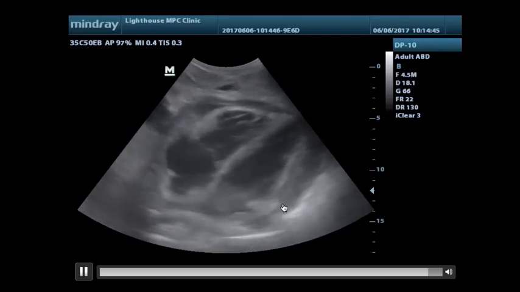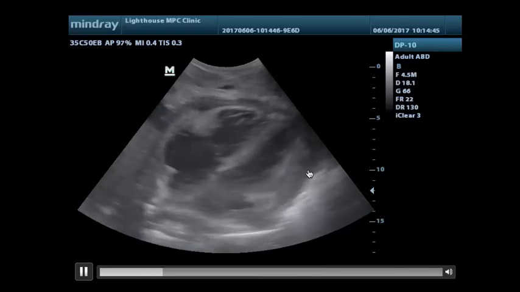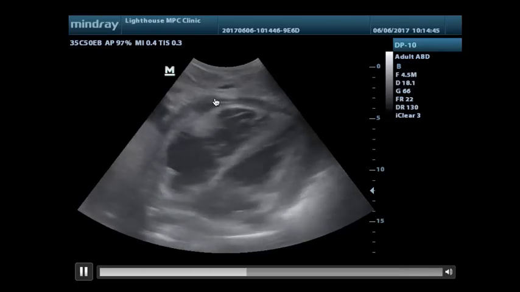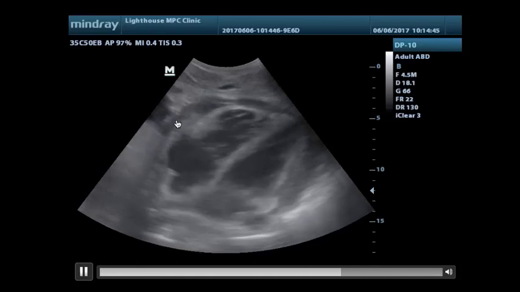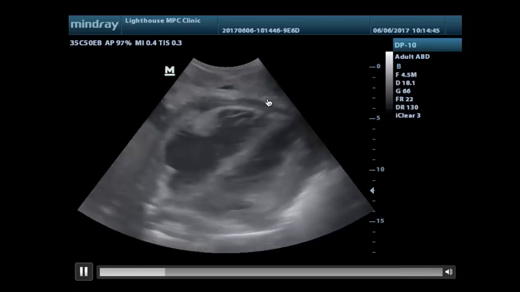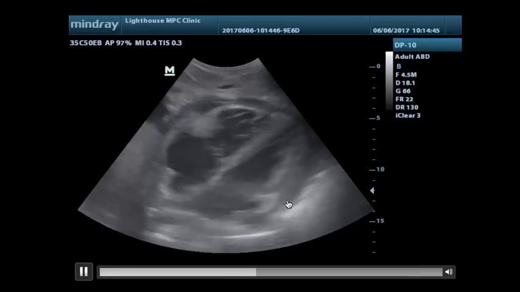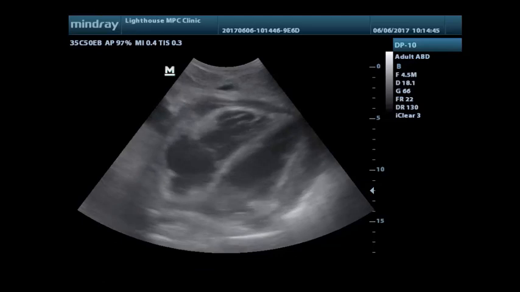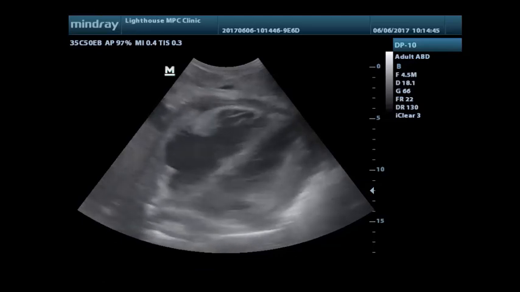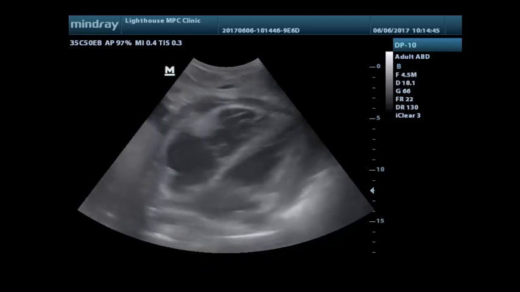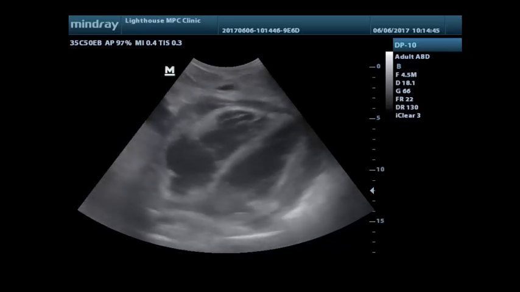But of course, this is not as anechoic as it is in fluid. This is semi-organized to organized, and is basically encasing the heart and putting it in a case. So that is something that you need to be aware of, and that is one thing that can be confounded with the effusion.